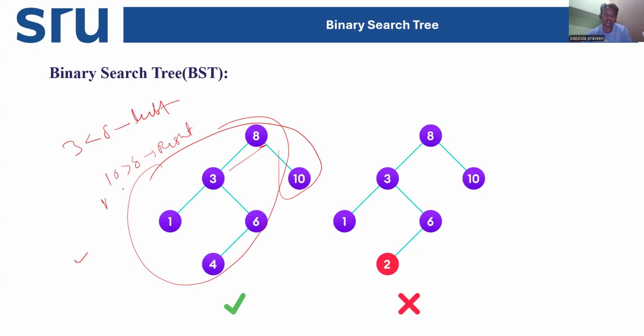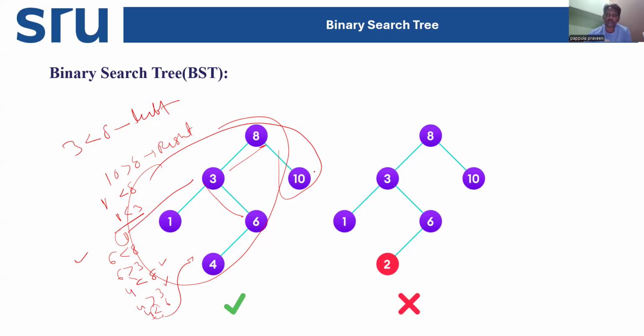And 1 is less than 8, and again 1 is less than 3, so 1 moves to the left side of 3. The next one is 6. 6 is less than 8, but 6 is greater than 3, so it moves to the right side. As for 4: 4 is less than 8, satisfied; 4 is greater than 3, also satisfied; 4 is less than 6, so it moves to the left side.